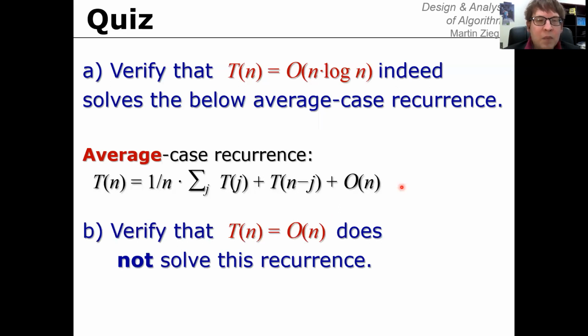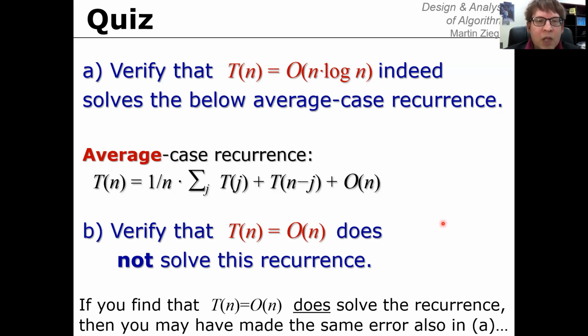And in part B, I would like to ask you to verify that O of n, linear time, does not solve this recurrence. Again, this is a purely mathematical question. Item B doesn't refer to QuickSort or anything. Just verify that O of n is not the solution to this recurrence. And if you find that O of n does solve the recurrence, then you have made a mistake.